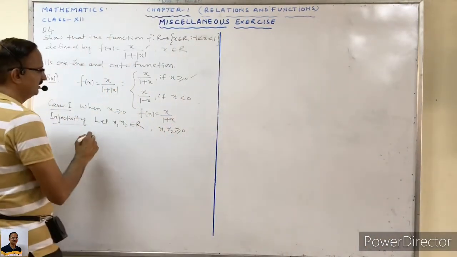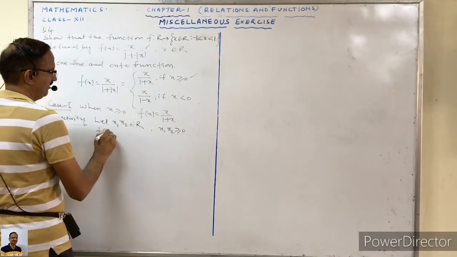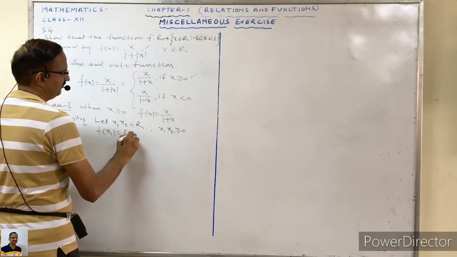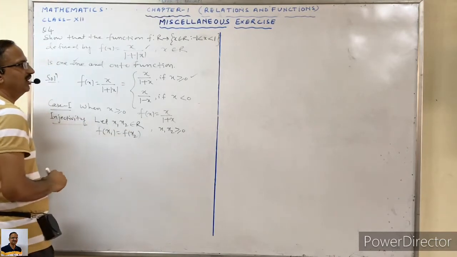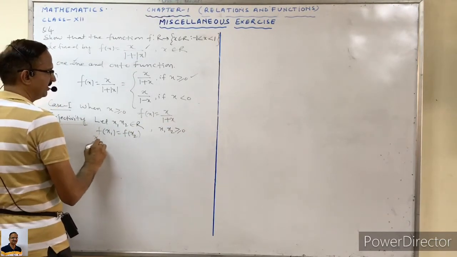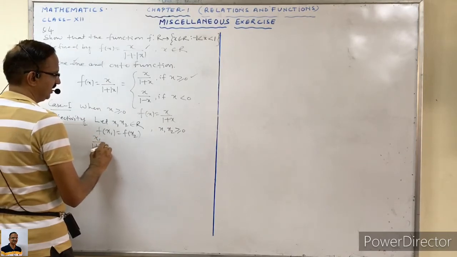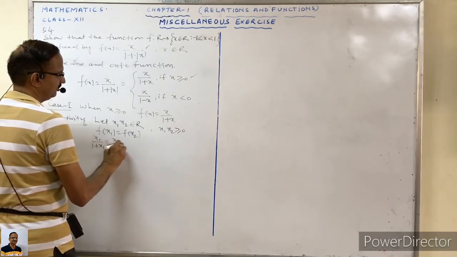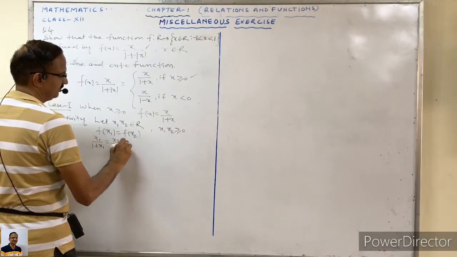Now for one-one, we will start with f(x1) equal to f(x2). Now what is the function? This is the function. So we will write x1 upon 1 plus x1 equals x2 upon 1 plus x2.